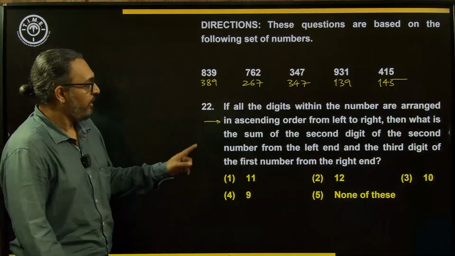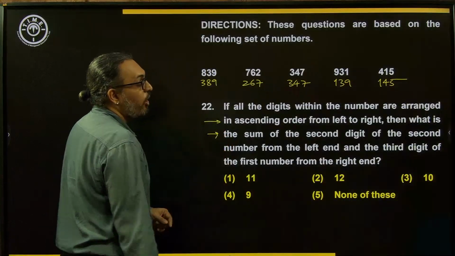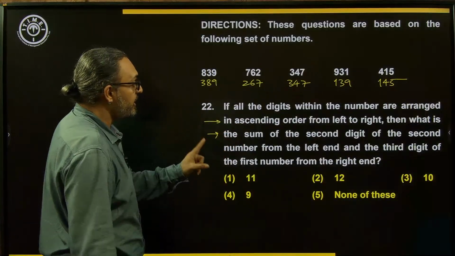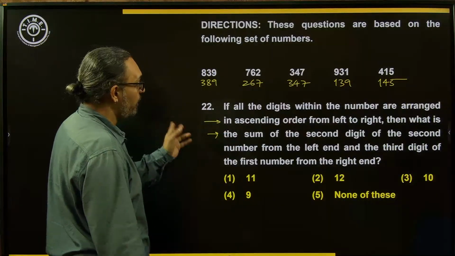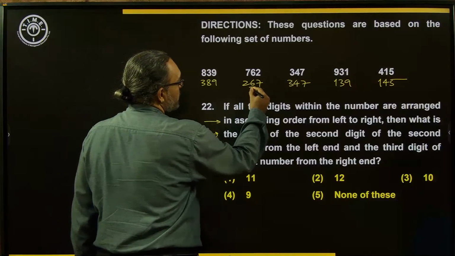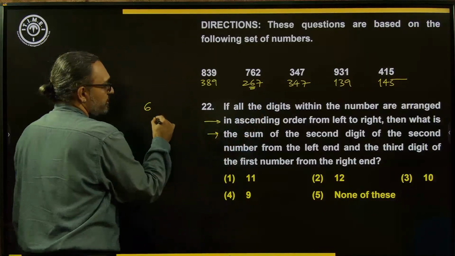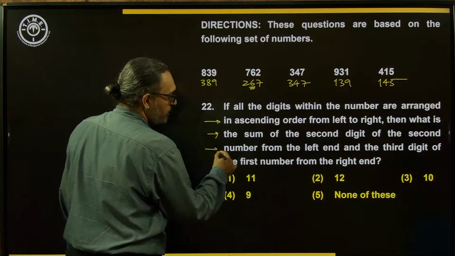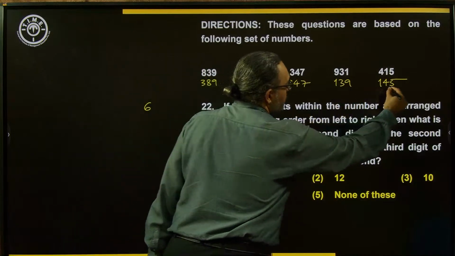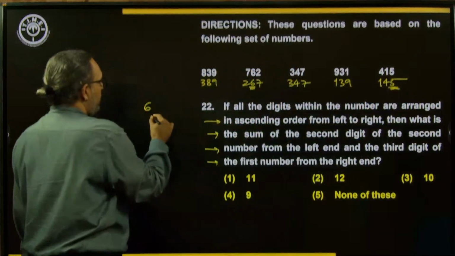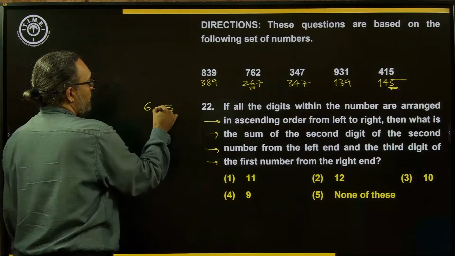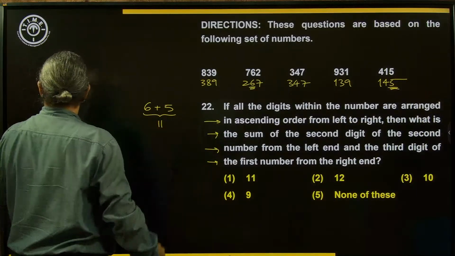Correct? Then what is the sum of second digit of the second number from the left hand? So second digit of the second number from the left hand is 6. And third digit of the first number from the right hand. So third digit of the first number is 5. So summation. So total we will have is 11.